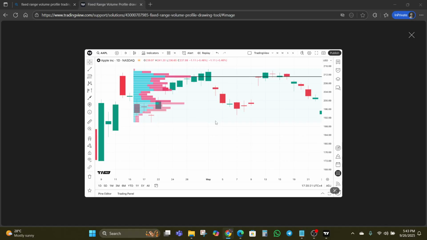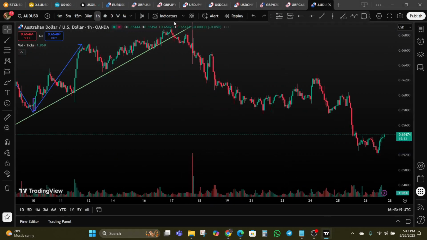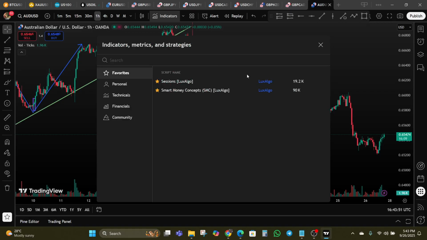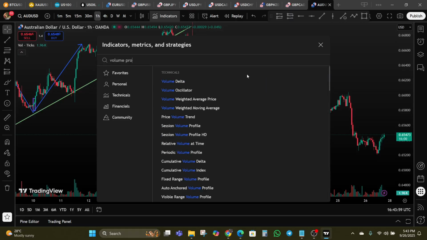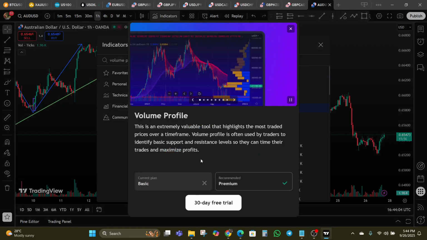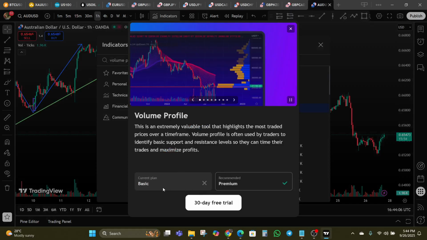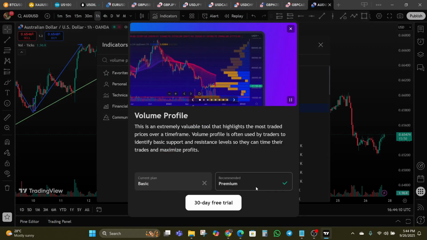So if you want to set up the fixed range volume profile specifically on TradingView, then you are going to need the premium version of TradingView, because as you can see, the fixed range volume profile is not available on the basic plan, but it is available on the premium.